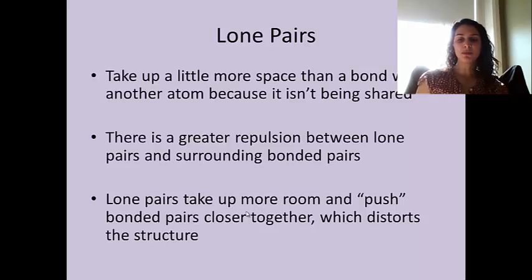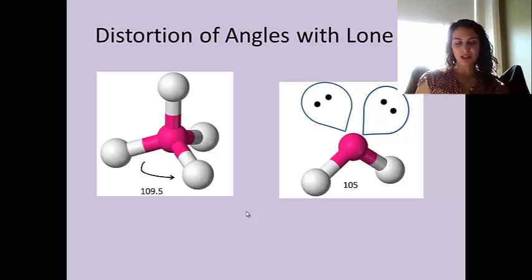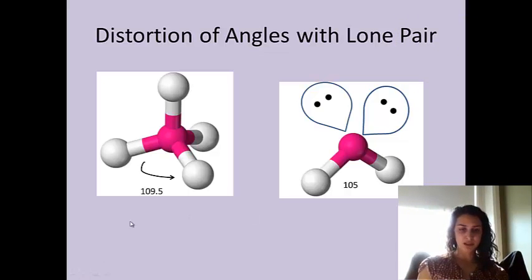So the lone pairs take up a little bit more room and in a sense push the bonded pairs closer to one another in order to get the greatest angle from each other. And this in turn distorts the structure. So let me depict this for you because this may be a little confusing. On this side we have a tetrahedral. We have 4 domains, 4 bonded atoms, and they all are evenly spaced and have a 109.5 degrees between the bonds.